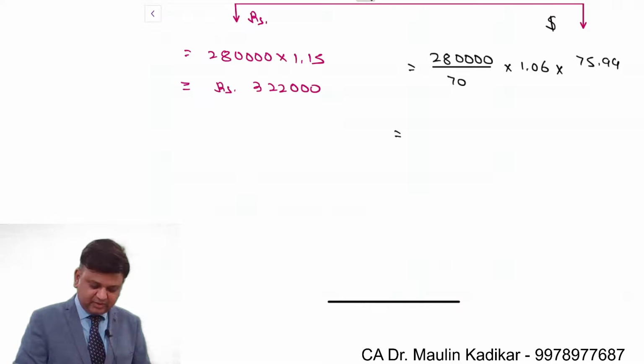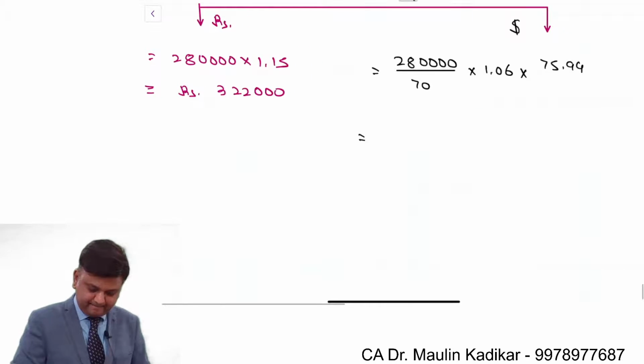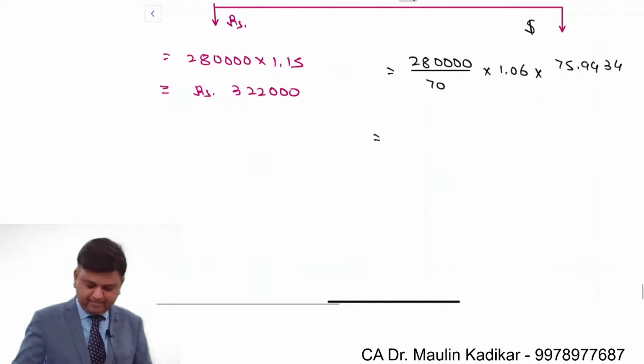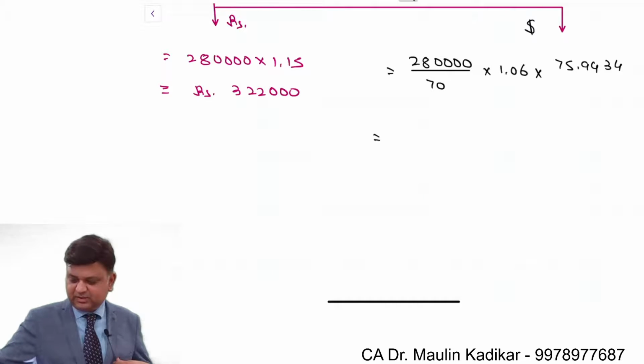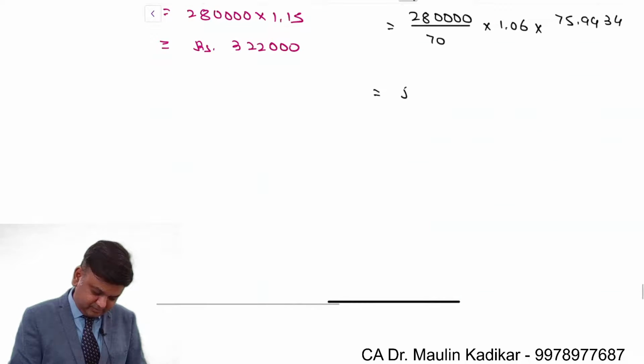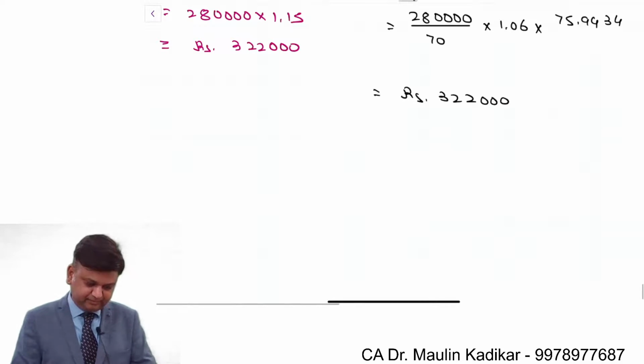Please write an answer along with me. So 2,80,000 upon 70 into 1.06 into 75.9434. So it is again 3,22,000. So you can see that you are indifferent.